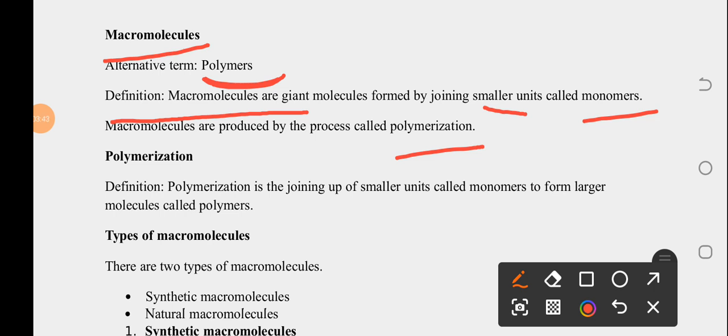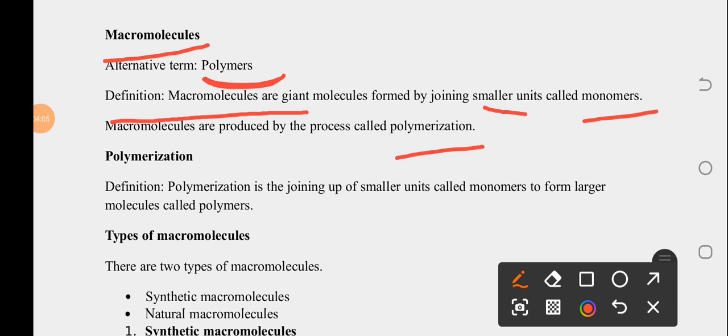Okay, so that's the definition of polymerization. This is a process of joining up smaller units called monomers to form larger molecules, which are called polymers. So when you get a smaller unit, another smaller unit, then you join them up, what you will have is what we are calling a polymer.